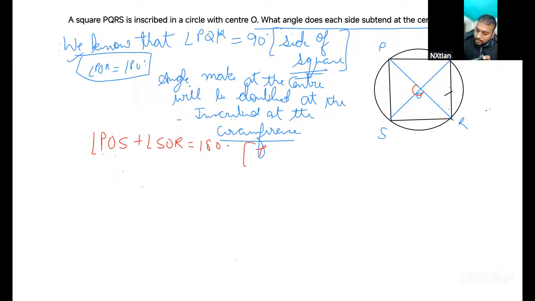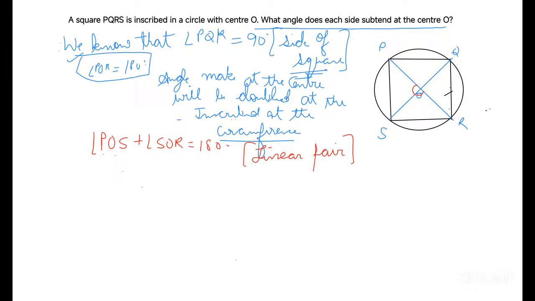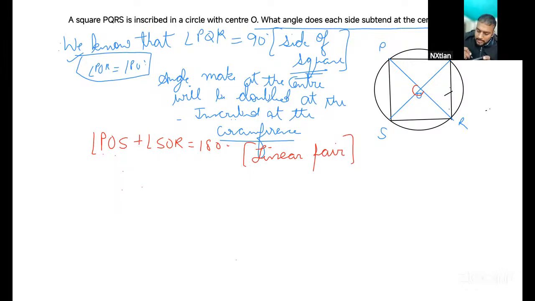Why? Because of linear pair. Now, linear pair we know, in a straight line the sum of these two angles is equal to 180 degrees. Yes or no? Sam, Joshua, are you with me? Yes, sir. Okay. Now we know that angle POS is equal to angle SOR. Can you tell me why? Because the diagonal bisects it into two equal parts.